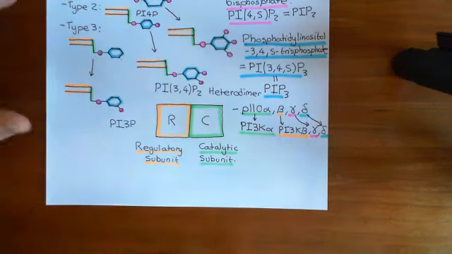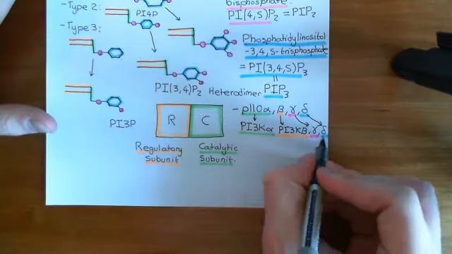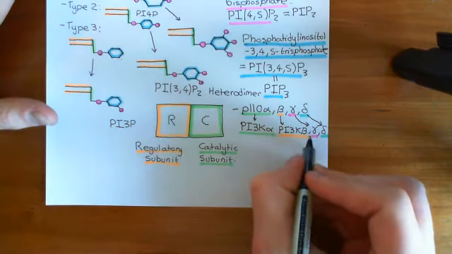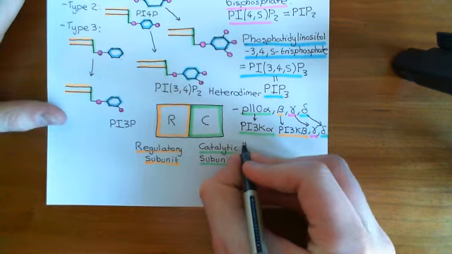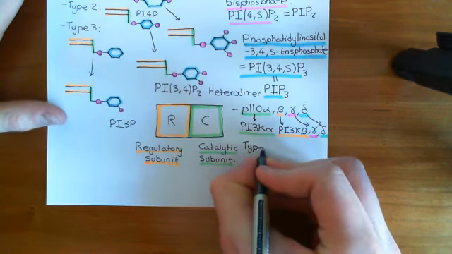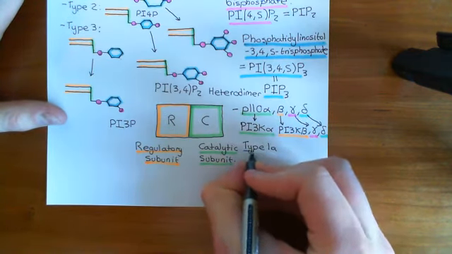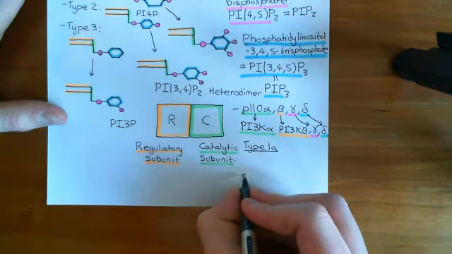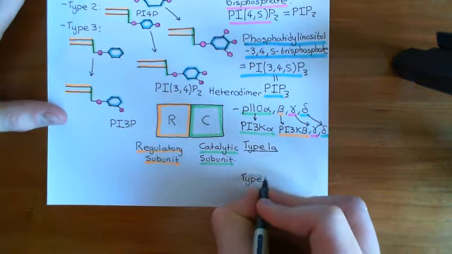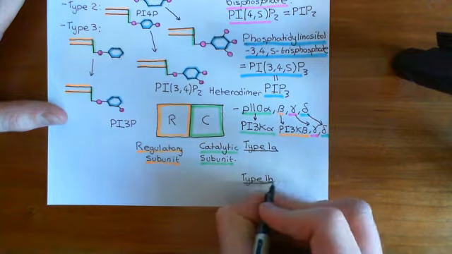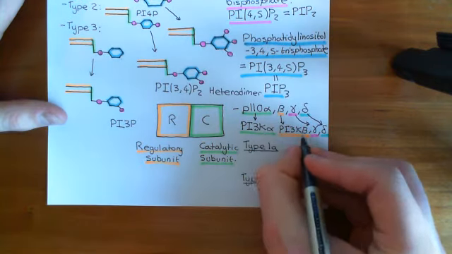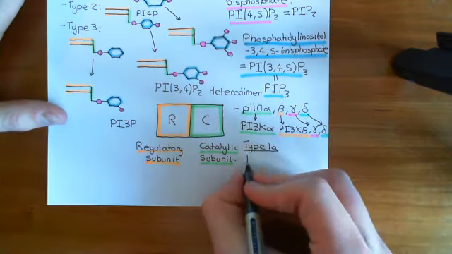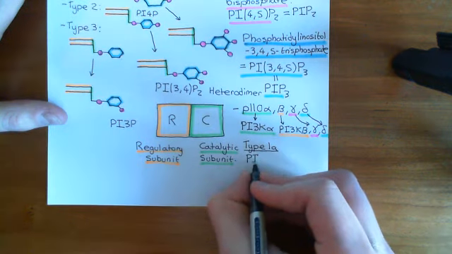Now, these type 1 PI3 kinases are further divided into two categories. There are type 1A PI3 kinase enzymes, and then there are type 1B PI3 kinase enzymes. Now, PI3 kinase alpha, beta, and delta are type 1A PI3 kinase enzymes.